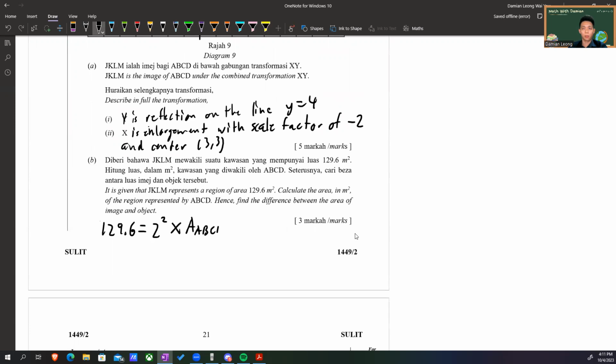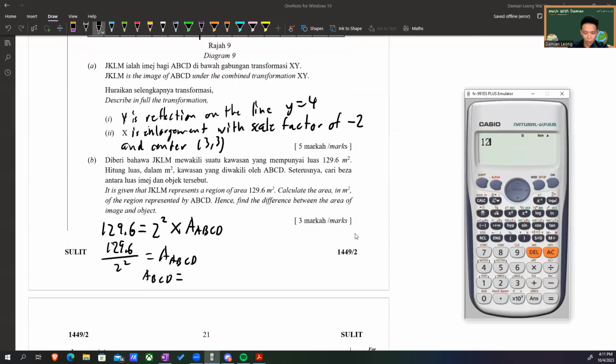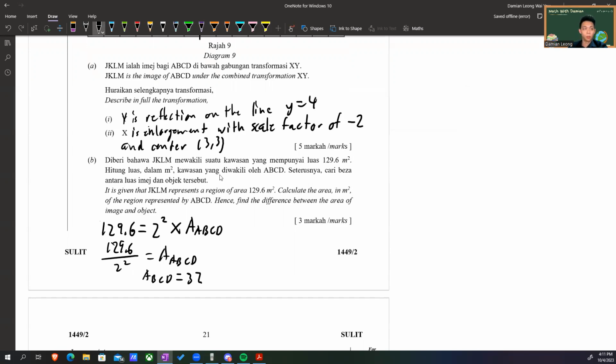So I take 129.6 divided by 2 squared. Area of ABCD is 129.6 divided by 4, which is 32.4 meters square.